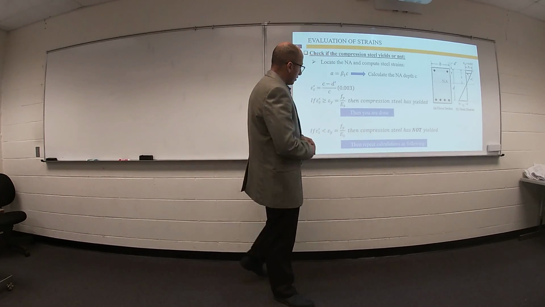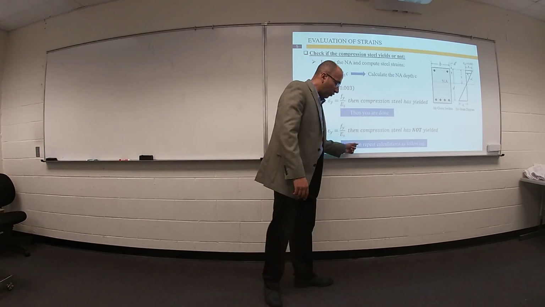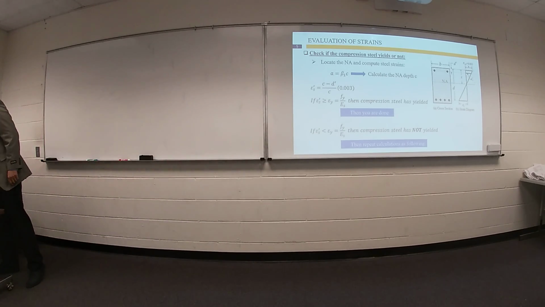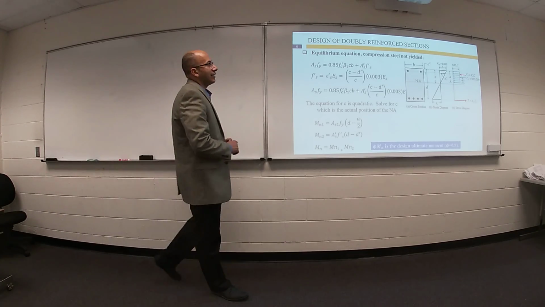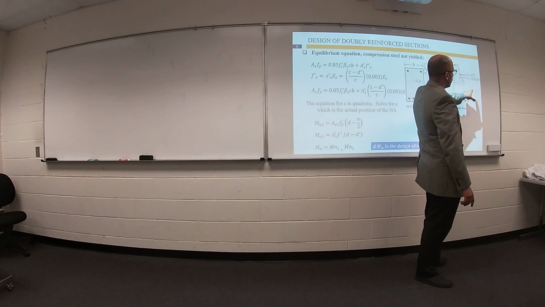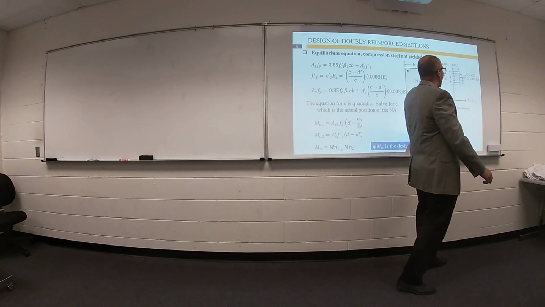But if not, your strain is less than epsilon yield, we need to do more calculations because we have the second situation. So your stress in steel reinforcement in compression does not yield. So we will assume it Fs before yielding.